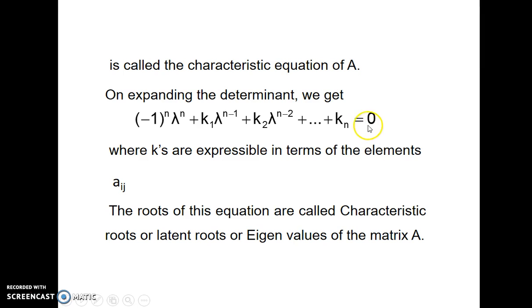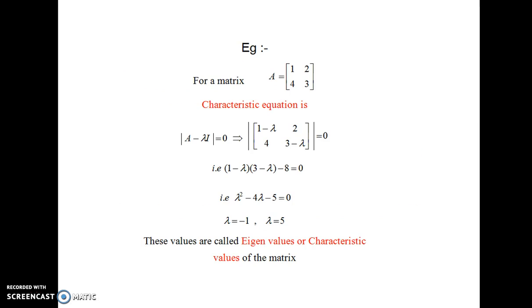Now, because it is an equation, we can solve it for the values of lambda. The values of lambda which we get are called roots of the characteristic equation. They are also known as eigenvalues of the matrix, or latent roots or characteristic roots.